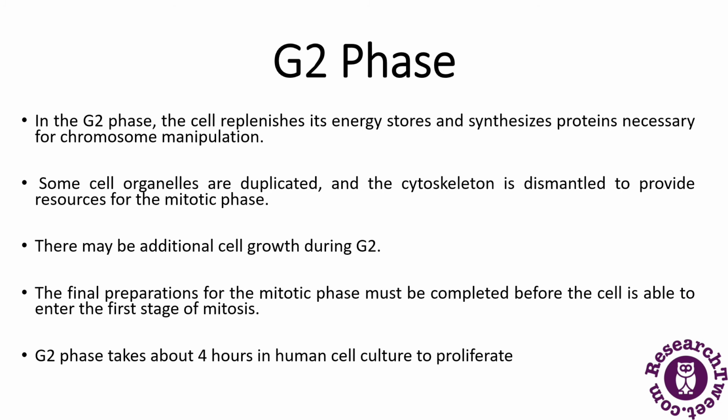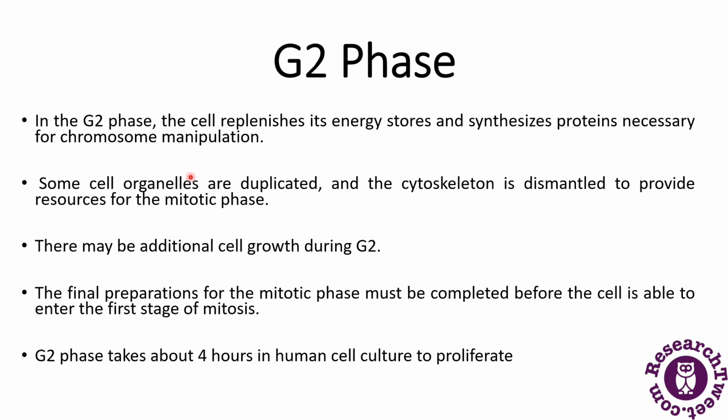The next phase we will cover is the G2 phase, which comes just after the DNA replication. This is the gap period following the DNA replication and preceding the initiation of the M phase. In the G2 phase, the cell replenishes its energy stores and synthesizes proteins necessary for chromosome manipulation.